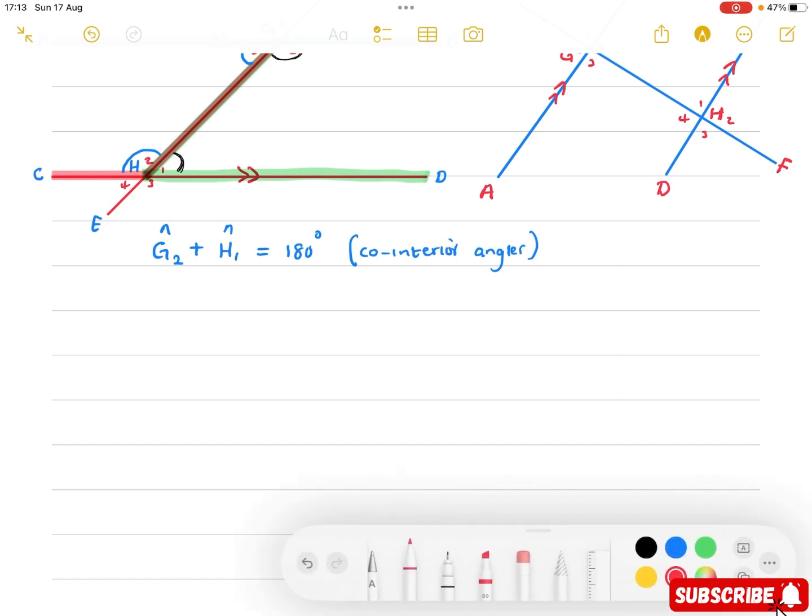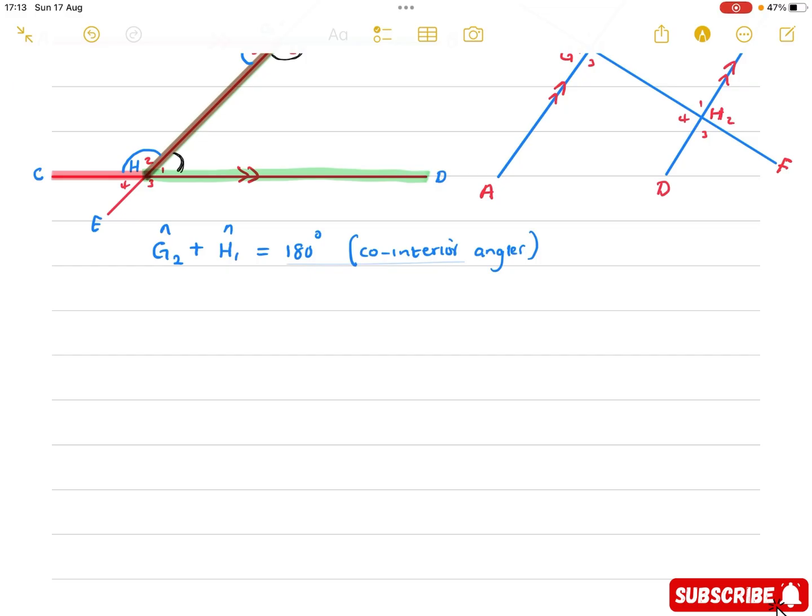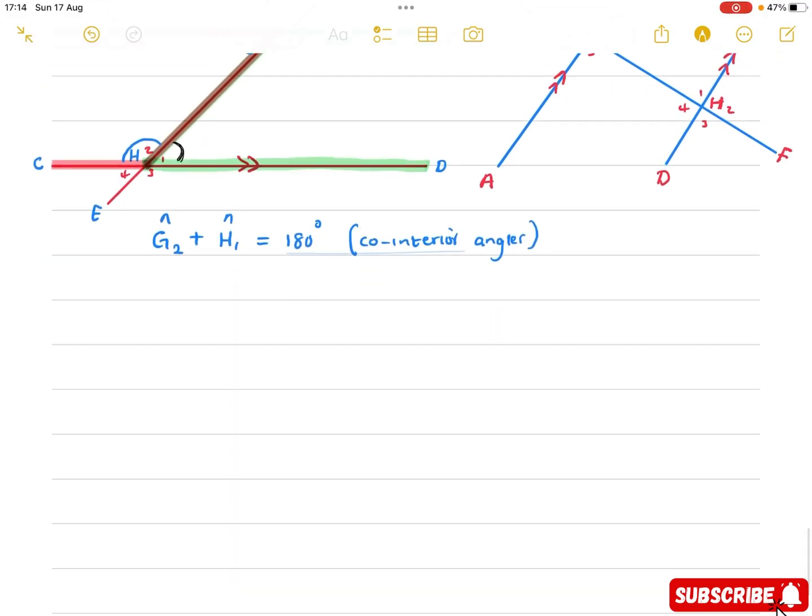So G3 plus angle H2, when you sum them, they have to give you 180 degrees. The main reason is that co-interior angles are supplementary.